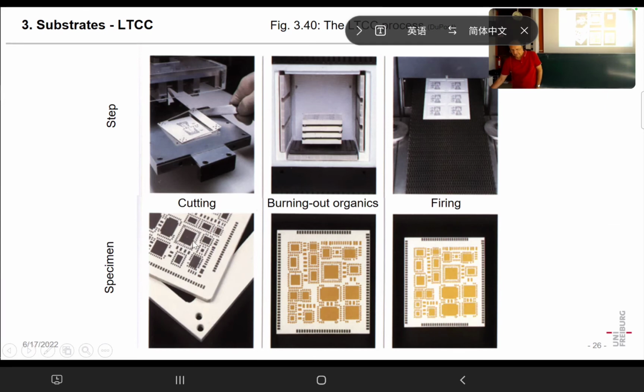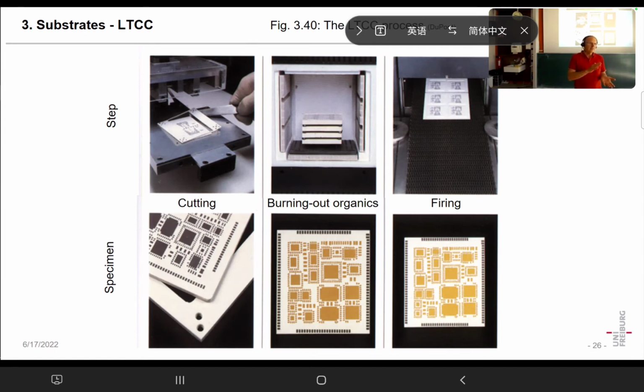Now you can see the paste already changes its color here, it was a gold paste evidently. And only after all of the polymers are burned out, you can go into the firing.